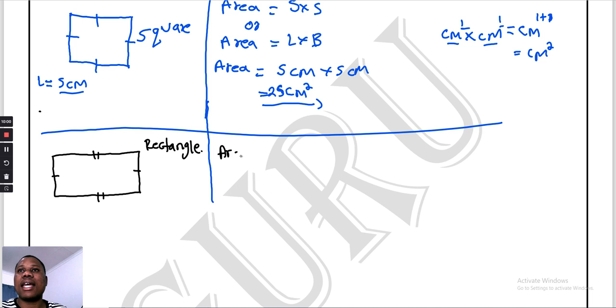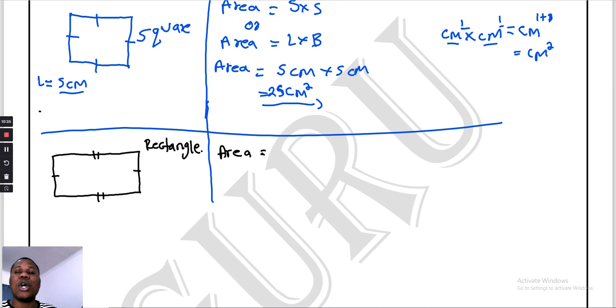The area of a rectangle has a formula which is fixed. These formulas that I'm giving you are fixed, they cannot be changed. But in the exam, when they give you combined shapes, they can try to summarize the formulas. If a shape is formed of a rectangle and a circle, they can try to combine the formulas and form one formula.